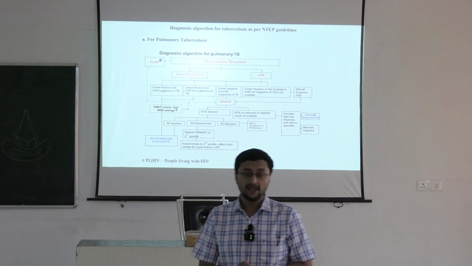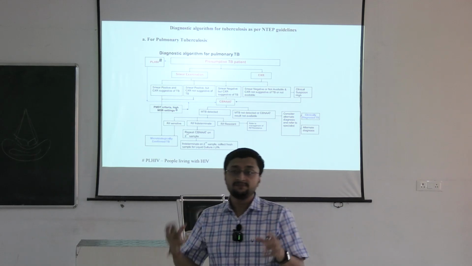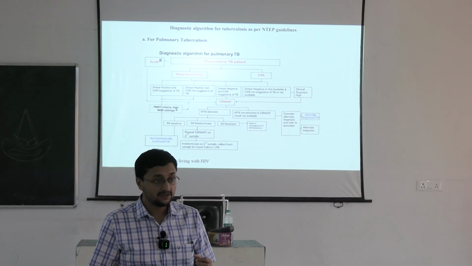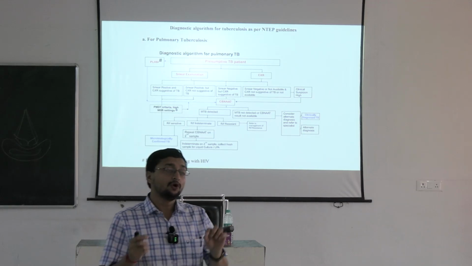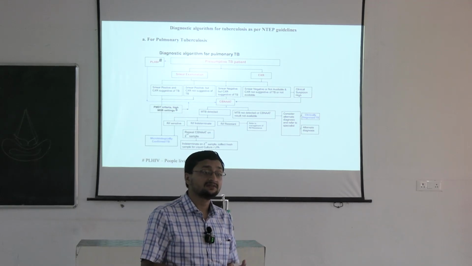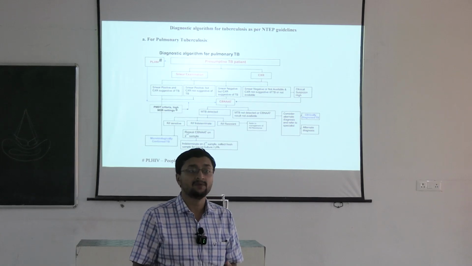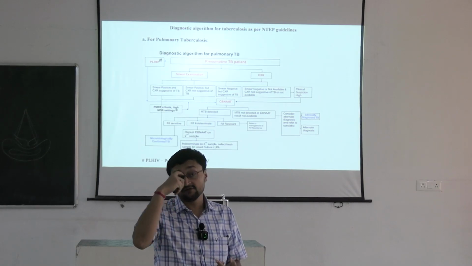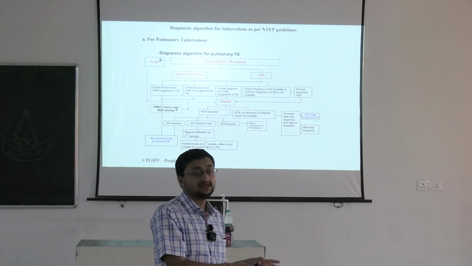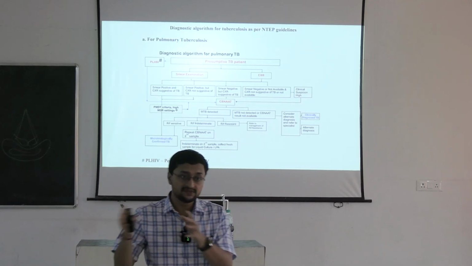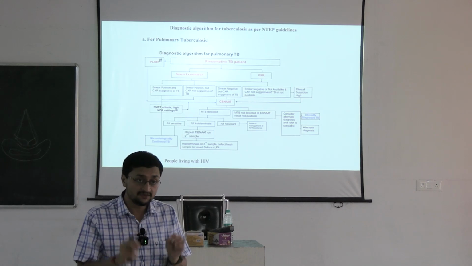If rifampicin resistance is detected, which test should you order? LPA, line probe assay, to detect further first line drug resistance. If there is isoniazid and rifampicin resistance, you can call it MDR tuberculosis.